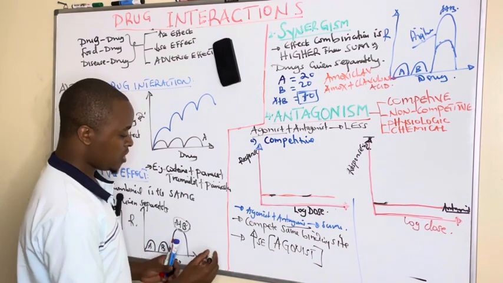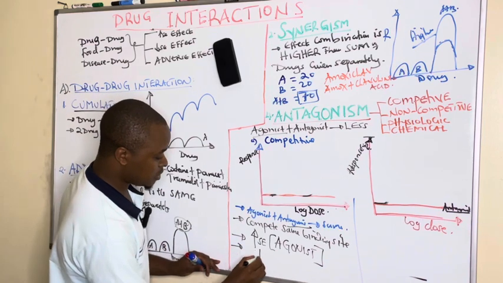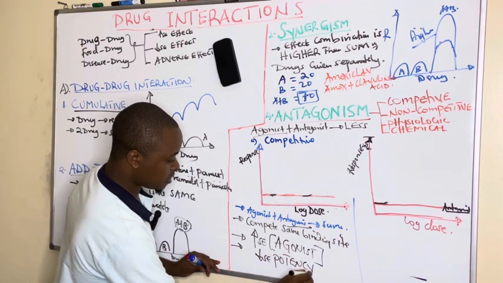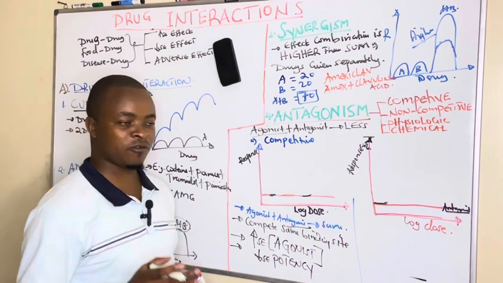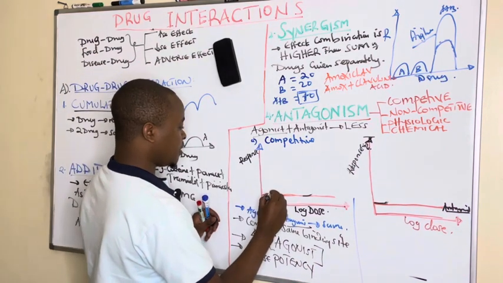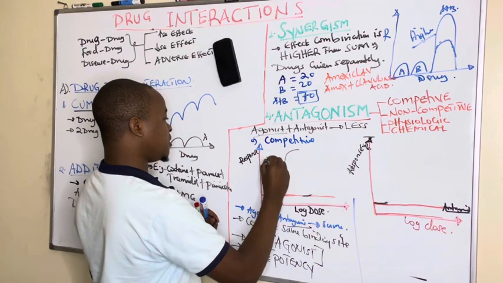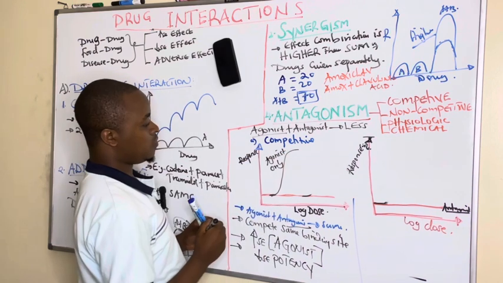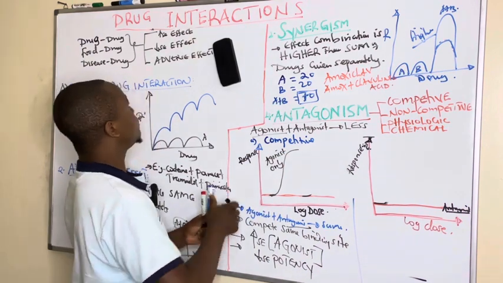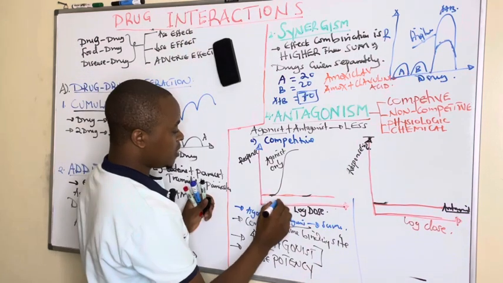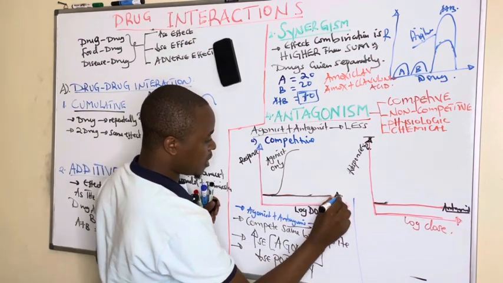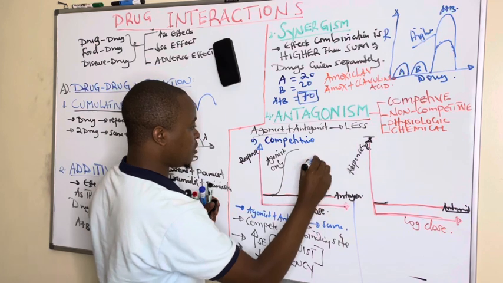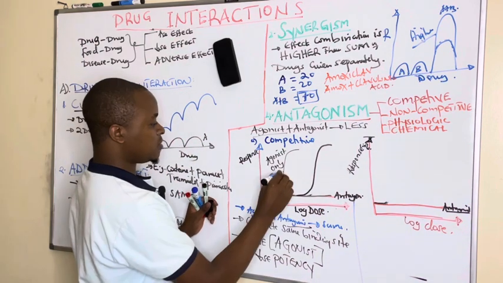And here the end result is a decreased potency. The potency of the drug is decreased, which is seen by the curve shifting to the right. For example, if this is the curve for the agonist only, and this is for the antagonist alone, then when we combine the agonist together with the antagonist, we see the curve shifting to the right.